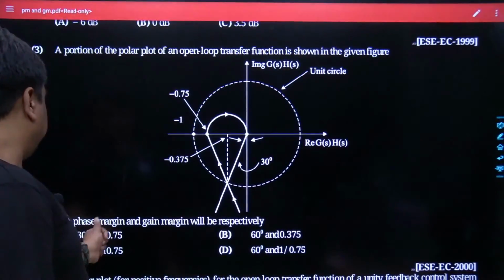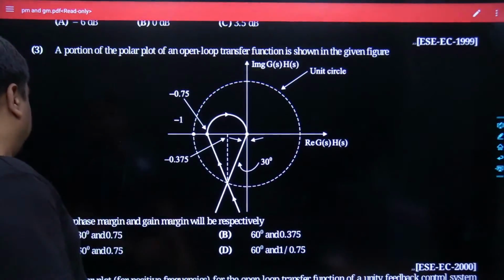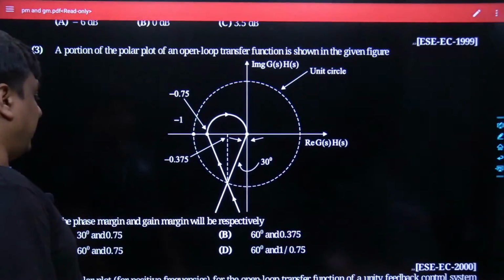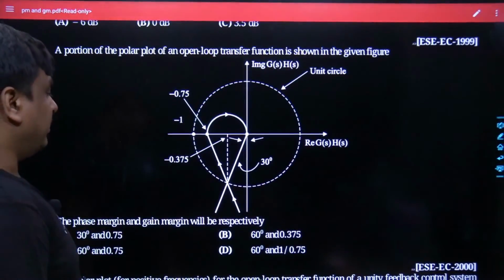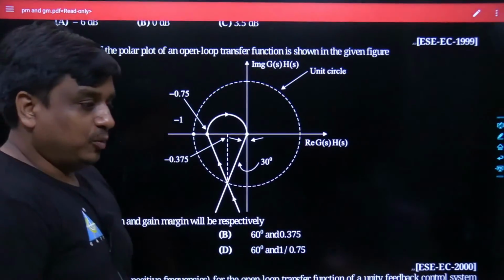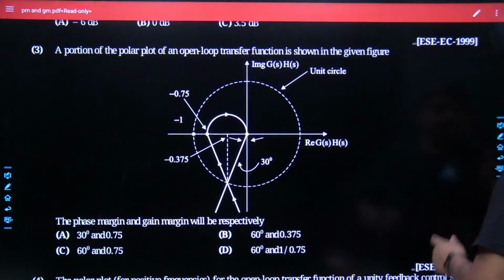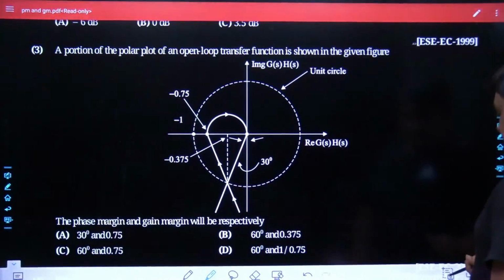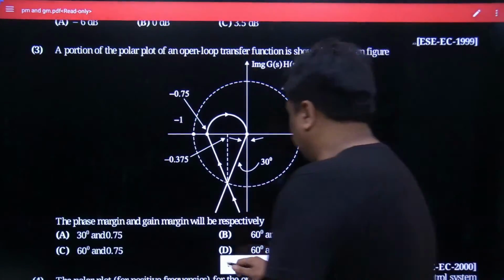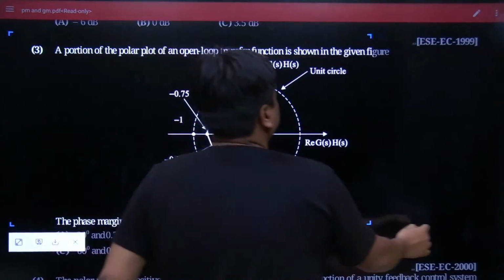30 degree 0.75, 60 degree 0.375, 60 degree 0.75, and D had been 60 degree with 1 divided by 0.75. So the student who had a little bit of conceptual understanding regarding the phase margin and gain margin easily would be able to crack this problem. So tell me what would be the best answer for this given problem.